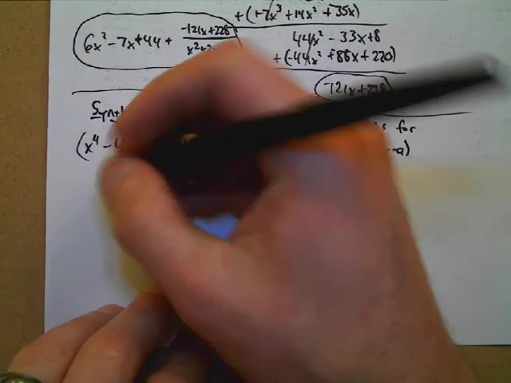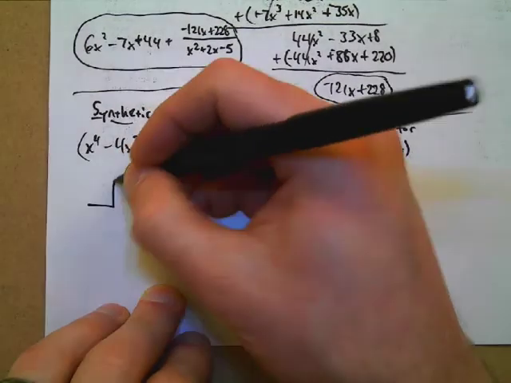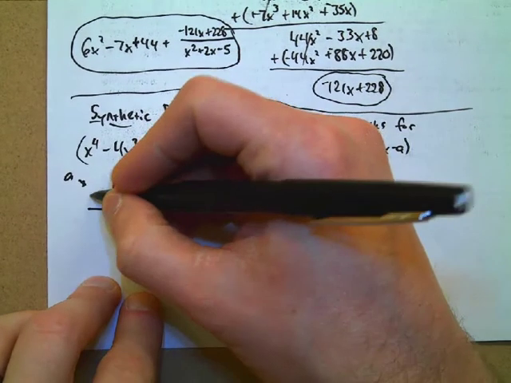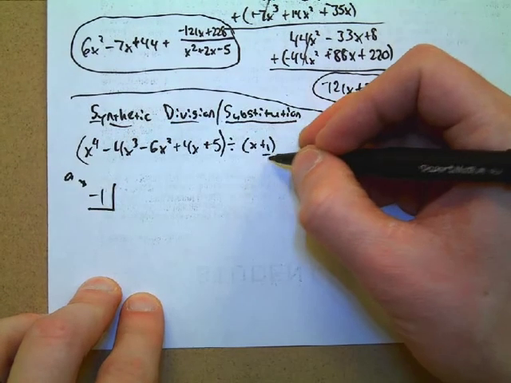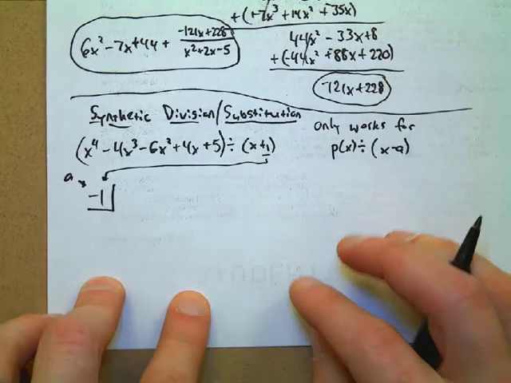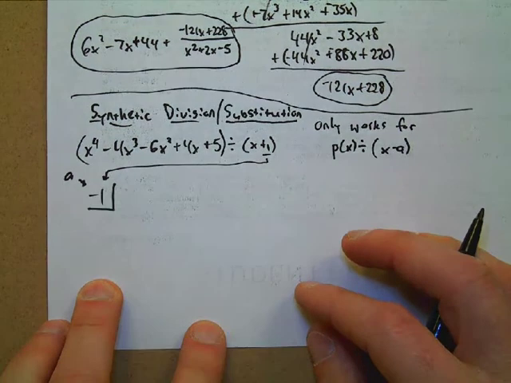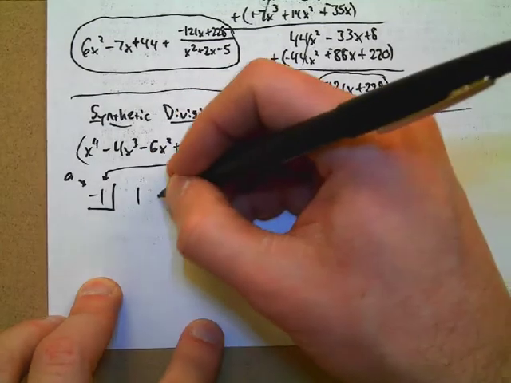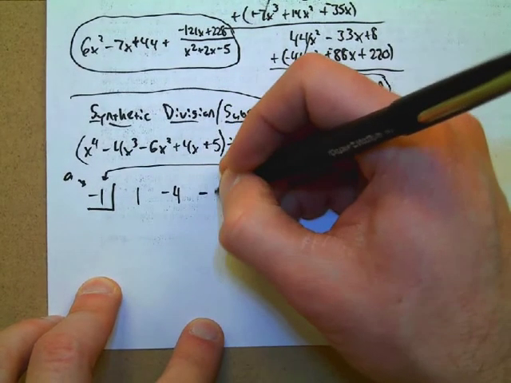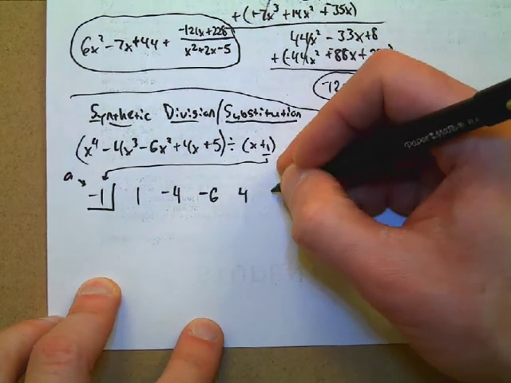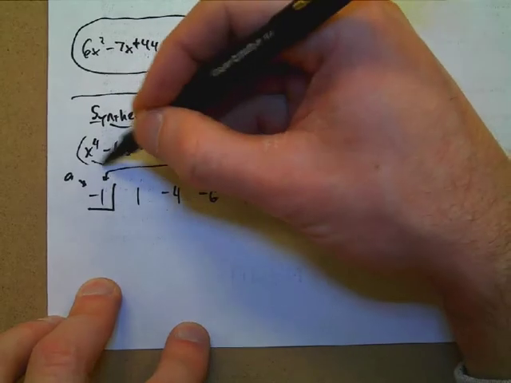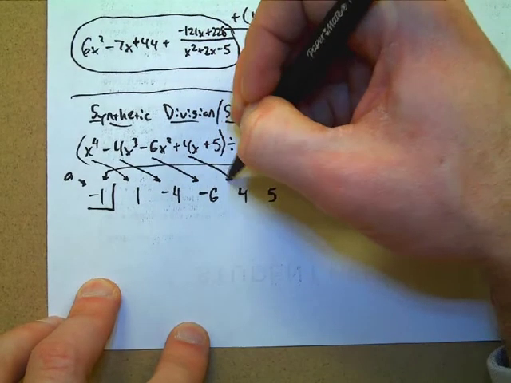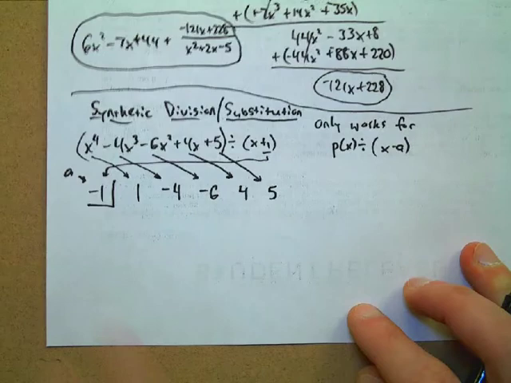So when we go to set this up, the a goes in here, so that's going to be negative 1. That comes straight from that right there. Then what we put over here across the top are the coefficients of our terms, just like that.